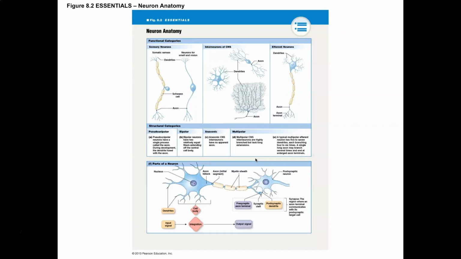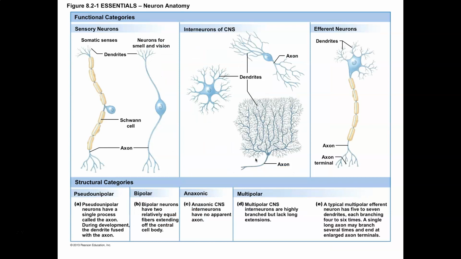There are various types of neurons within the nervous system. The neurons carry the action potentials or the electrical signaling. There are sensory type neurons, there are interneurons, there are motor neurons. We also use names like bipolar neurons, multipolar neurons, and then of course we go through the structure of neurons as well.